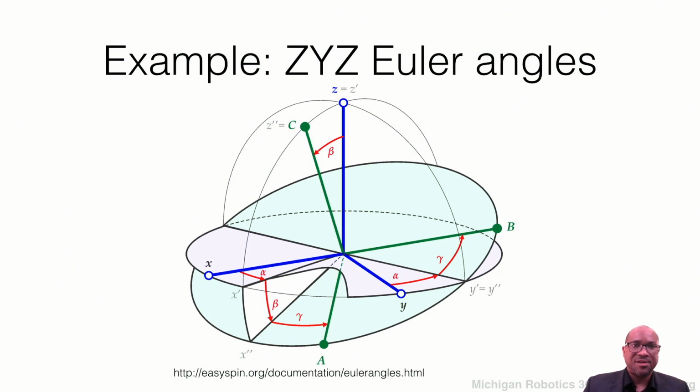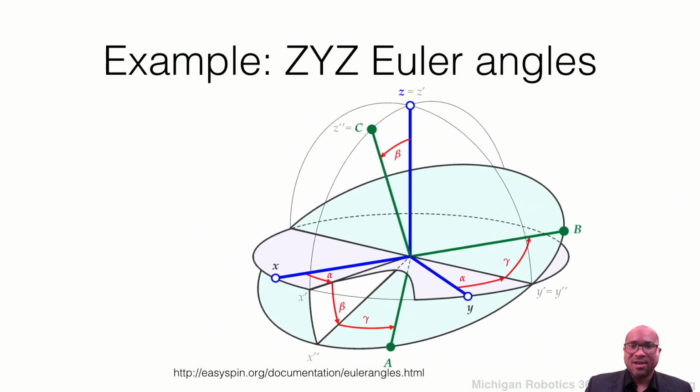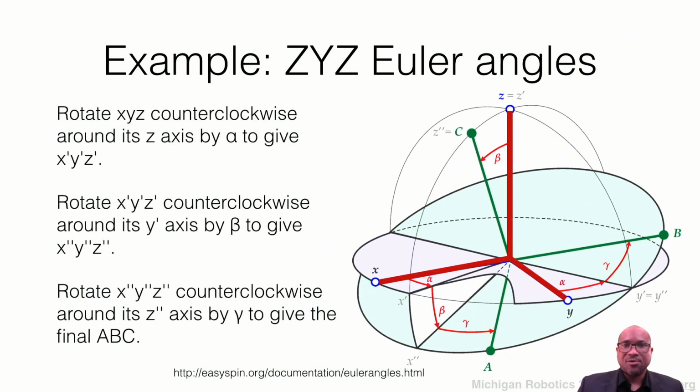With the ZYZ angles, let's just take a look at this case right here. Let's start off and consider that our axes start off aligned with X, Y, and Z. What we're going to do is perform consecutive rotations about the Z axis, then the Y axis, and then the Z axis again. And maybe that'll be a way for us to express this rotation.